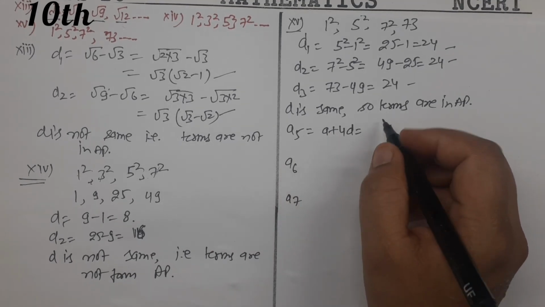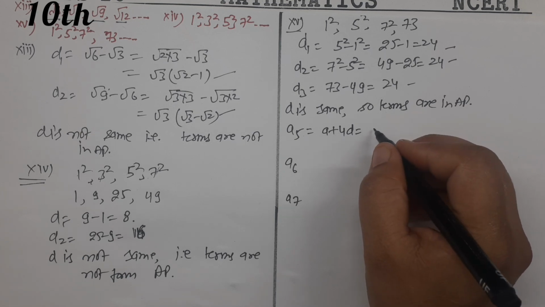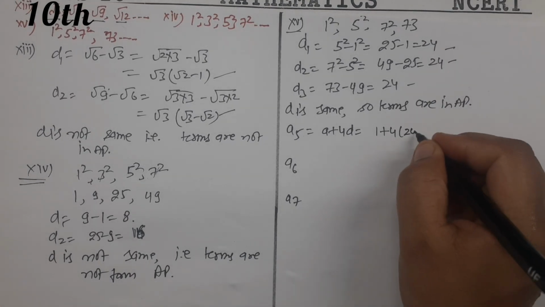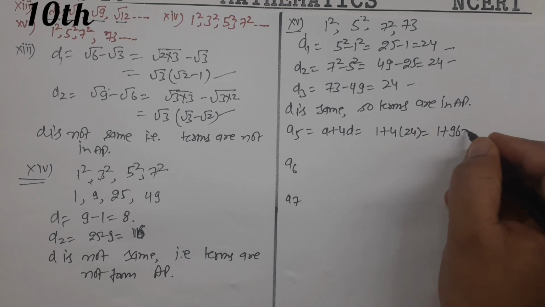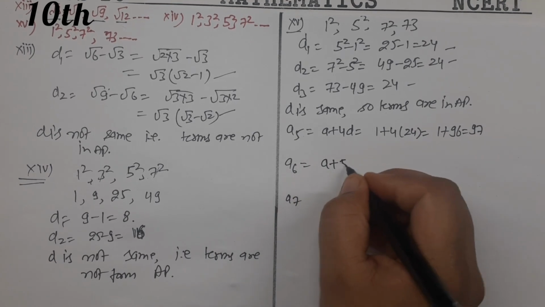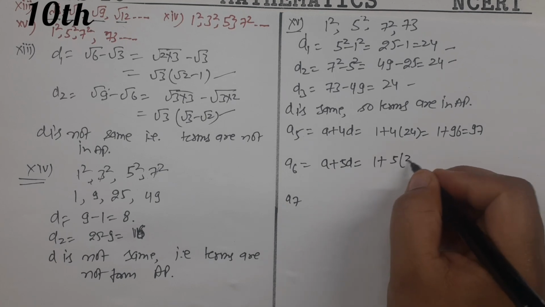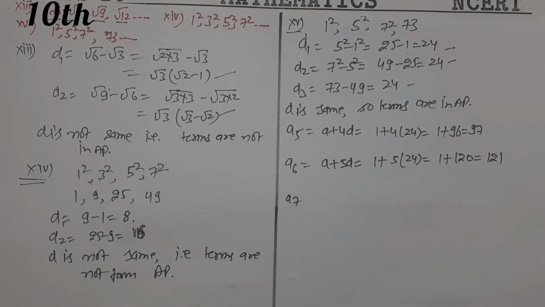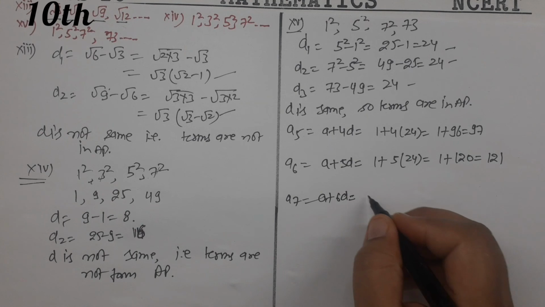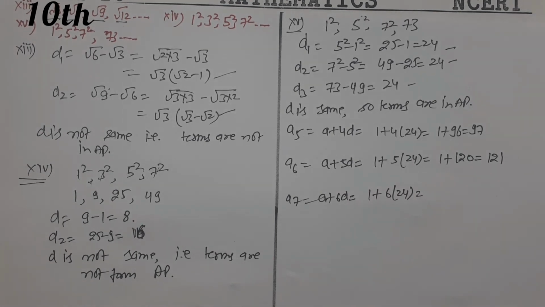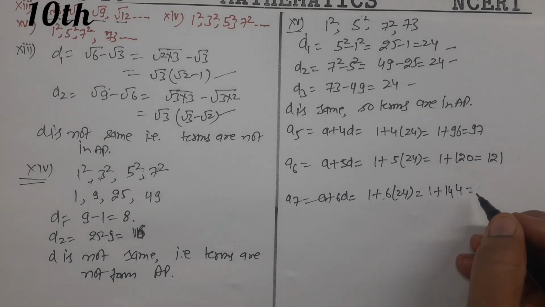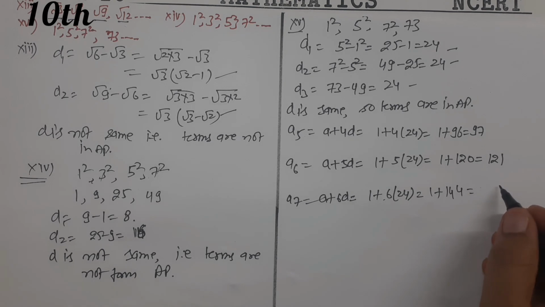a, d. a plus 5d. a plus 6d. Six 4s are 24. 6 2s are 12 plus 2, 14, makes 145.